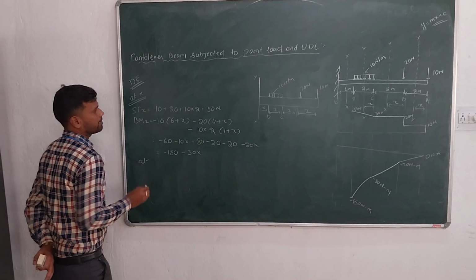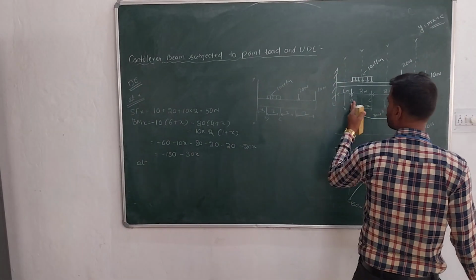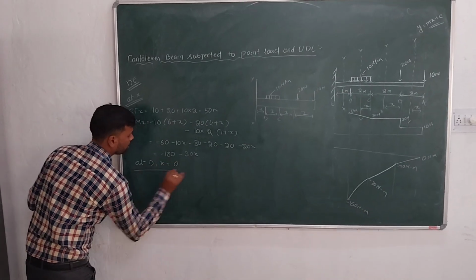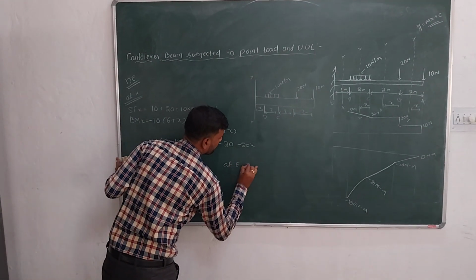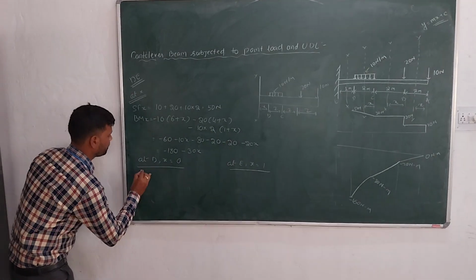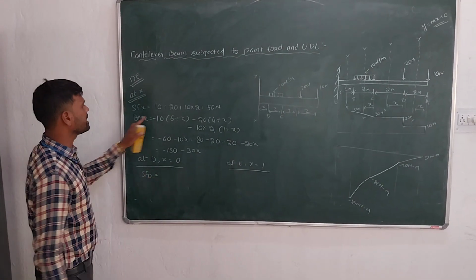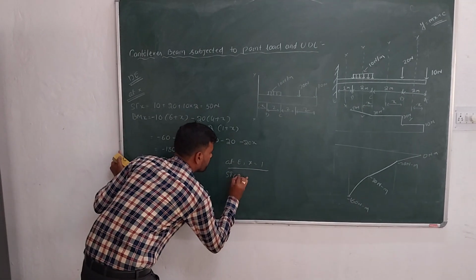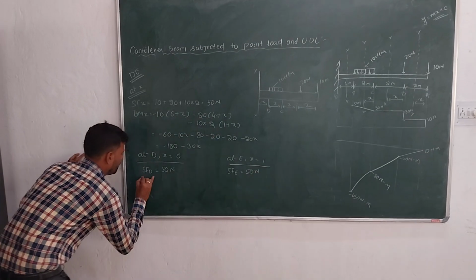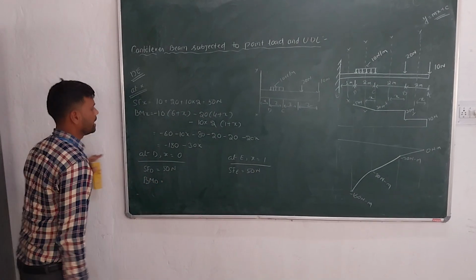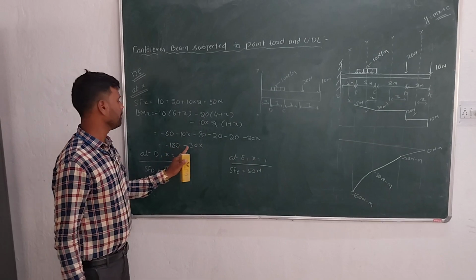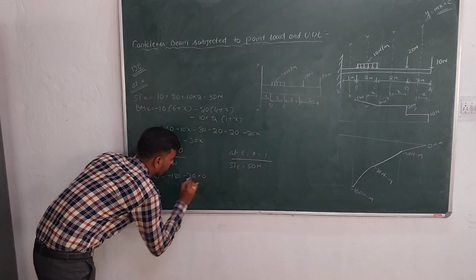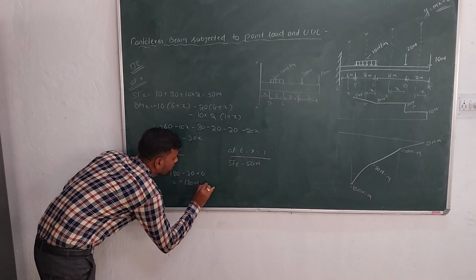At D x is equal to 0, at E x equal to 1. So SF at D, as it is independent of x, is directly 50 Newton. SF at E is also 50 Newton. BM at D, x value is 0, so minus 180 minus 30 into 0, that is minus 180 Newton meter.